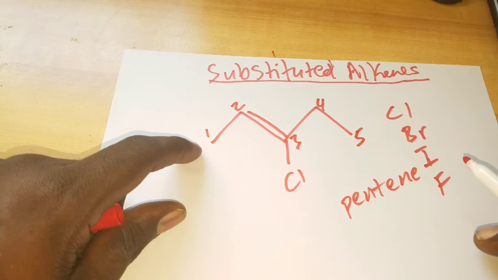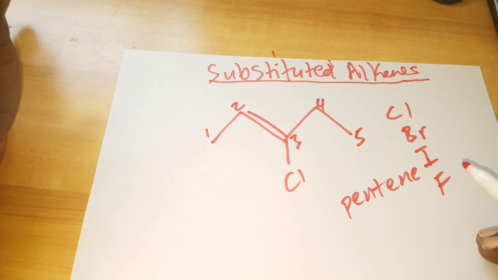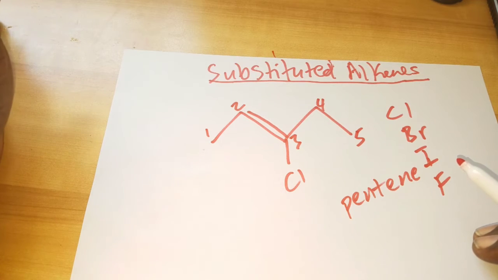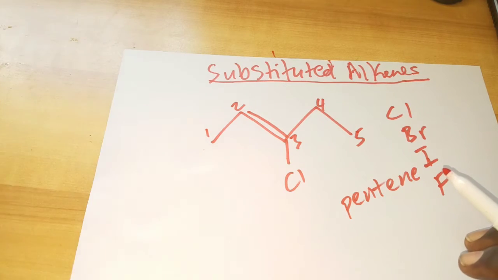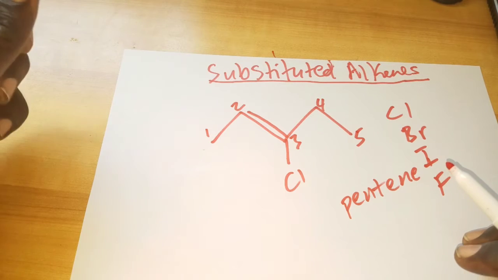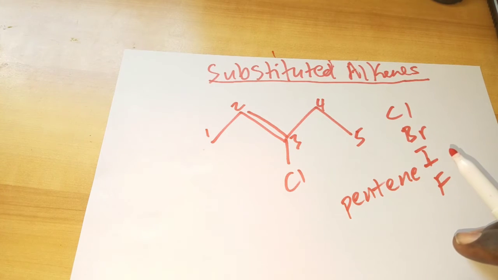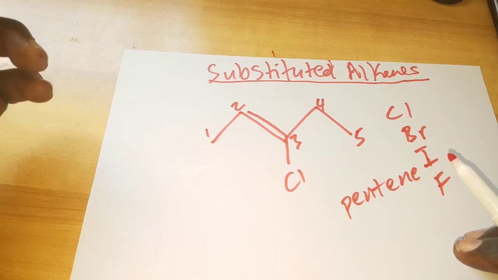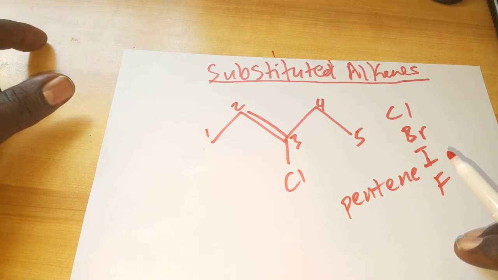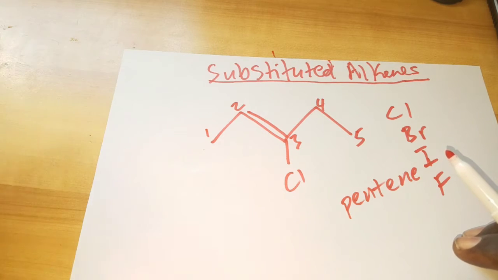So watch this now. We now have identified the position of our double bond. We want to make sure that the summation of the position of the double bond and the position of the substituent has the lower number. Let me explain what I mean by that a little bit further.